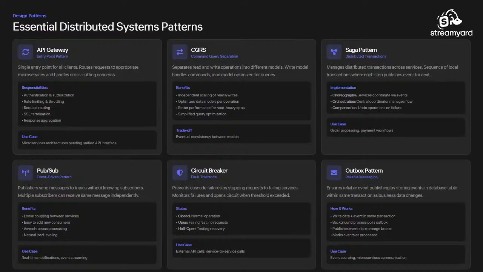Pub sub is a pretty popular architecture pattern, which has been there for decades, if not ages, or a couple of decades. It's not a new thing, right? So you publish something. It's more of an async communication. Queues you might have heard; they go hand in hand.